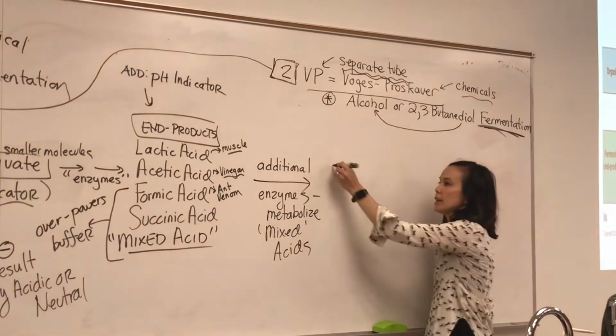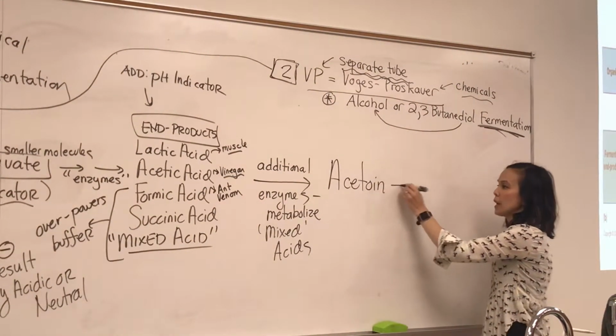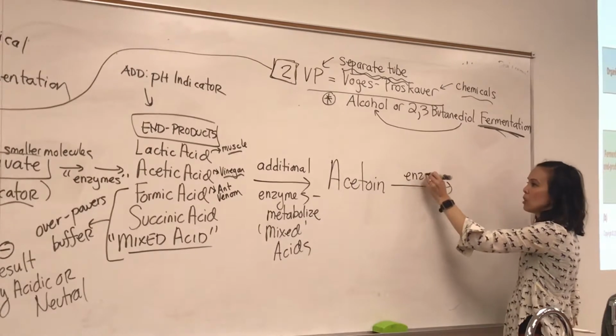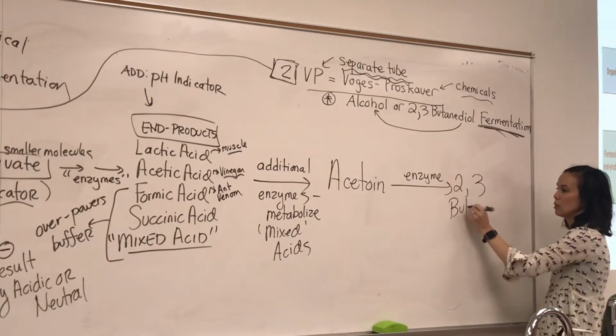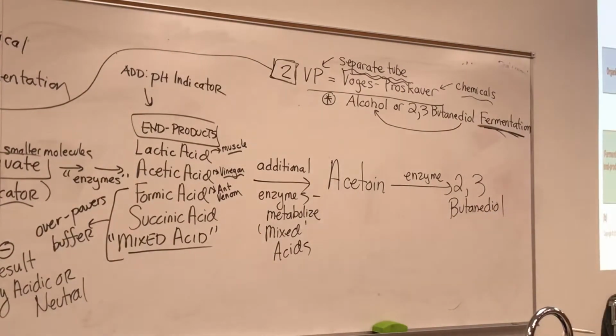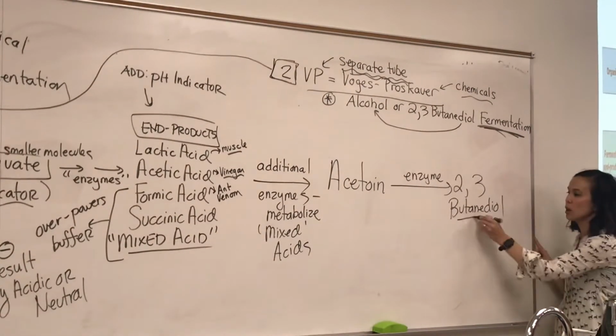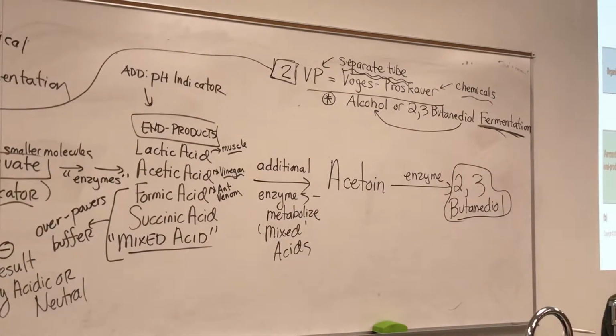We would get something called acetoin, and then finally alcohol, 2,3-butanediol. So for test number 2, the only difference is we're starting at the beginning and arriving all the way to alcohol over here. So we have just a couple extra steps.